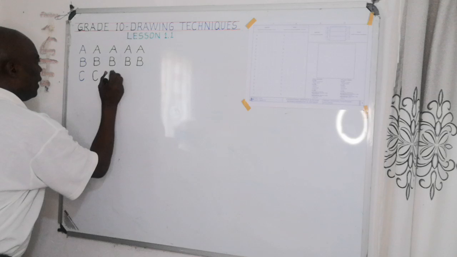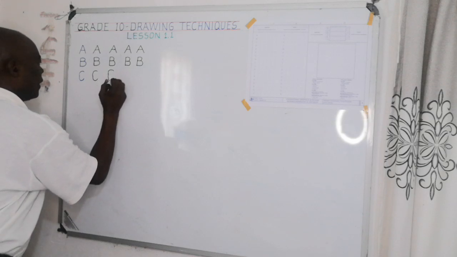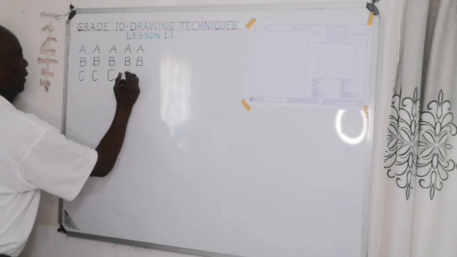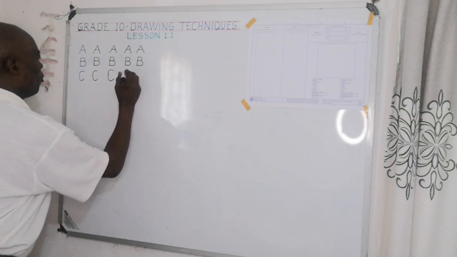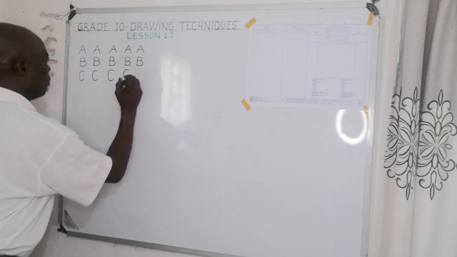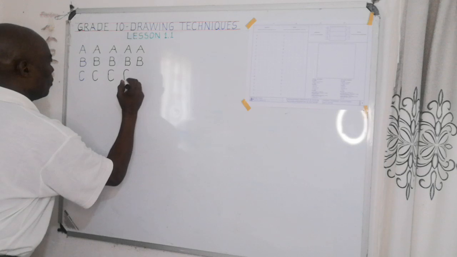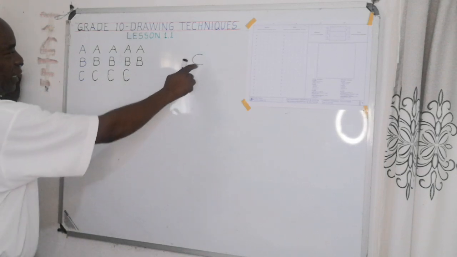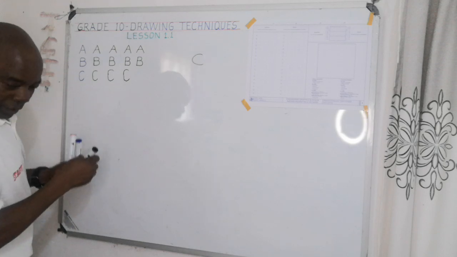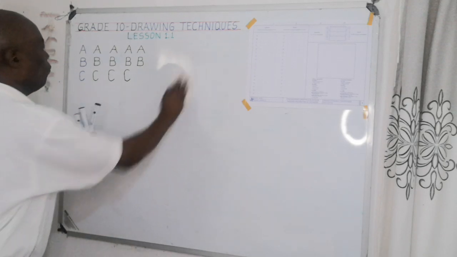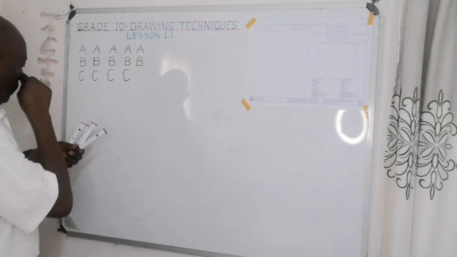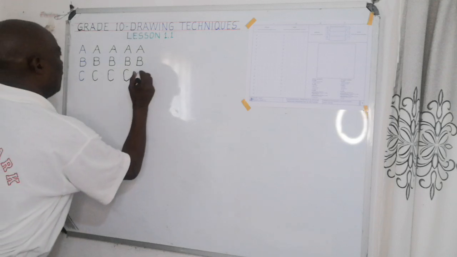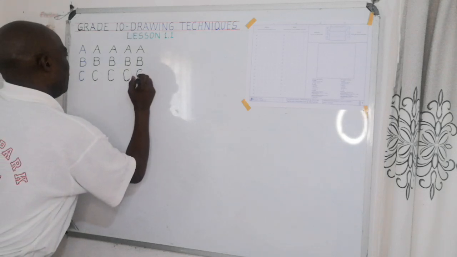So it's a curve, then straight line, and then a curve down there, like that. Not like this. That's not a C that we use in EGD. So that is not acceptable. And then another C.